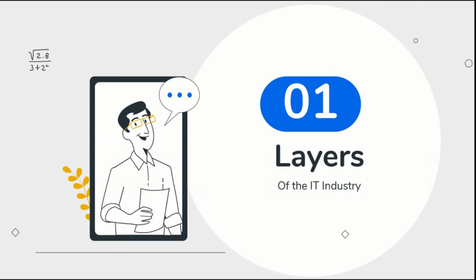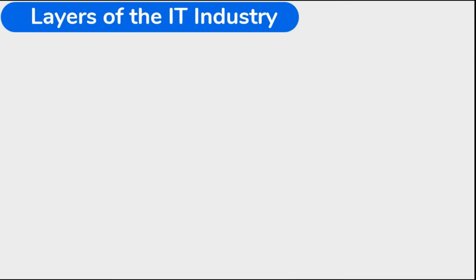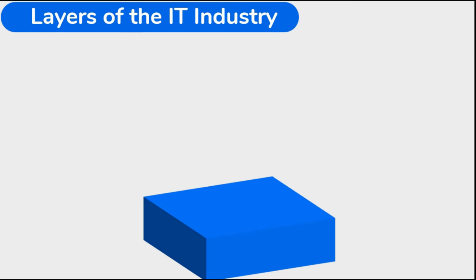So, the layers of the IT industry is what we are going to be talking about today. So, when the layers are stacked, or the technologies that are stacked in the IT industry, let's start from the very core or the very lowest one. Yeah.